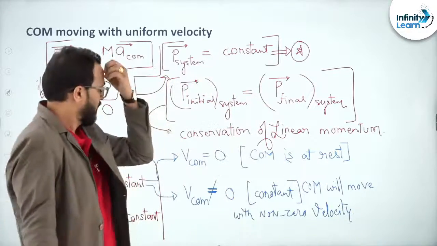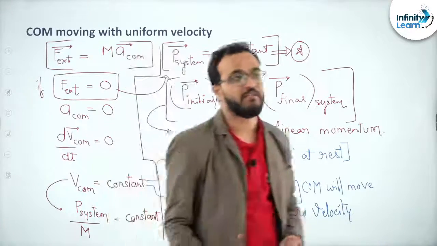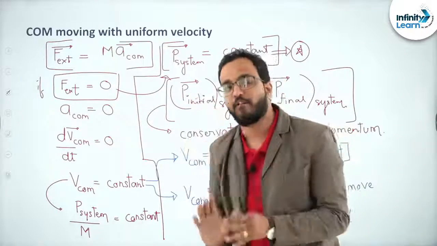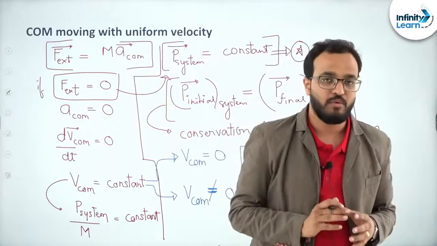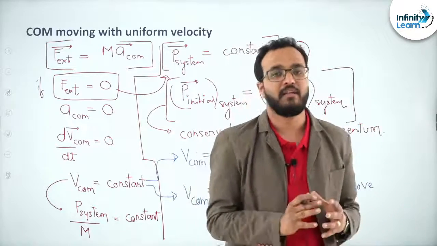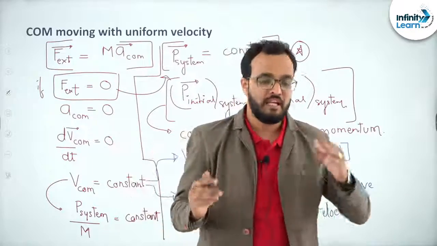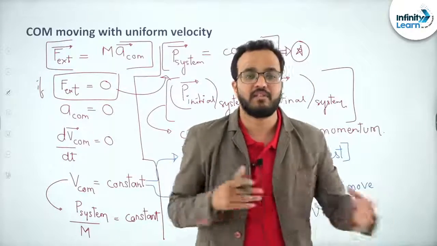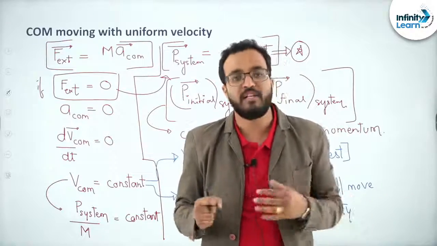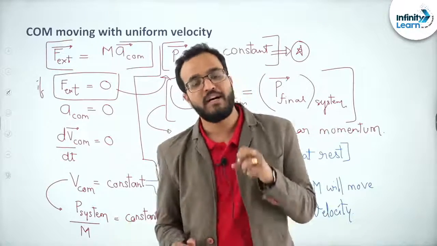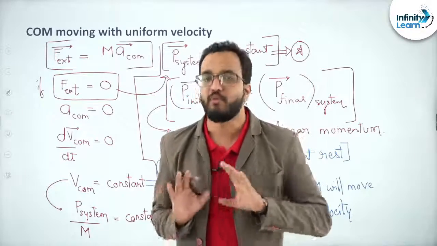What message I am trying to convey here is that if the velocity of the center of mass is 0 in the beginning and there is no external force acting, then even though the internal system changes and the particles move internally, in the absence of any external force the center of mass will remain at rest if it was at rest before.